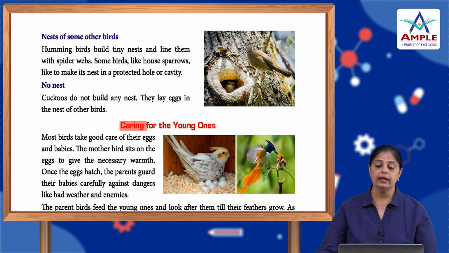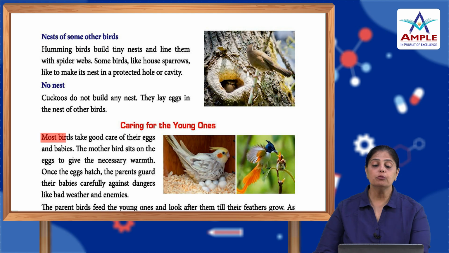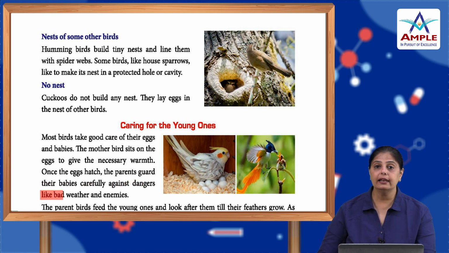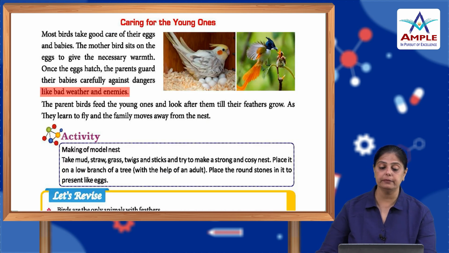Alright. Now, caring for the young ones. Most birds take good care of their eggs and babies. The mother bird sits on the eggs to give the necessary warmth. Once the eggs hatch, the parents guard their babies carefully against danger like bad weather and enemies.